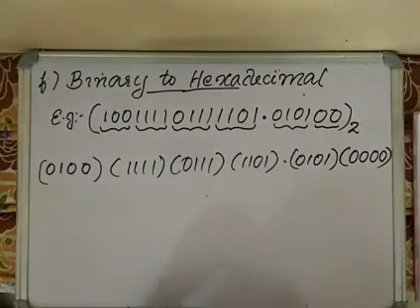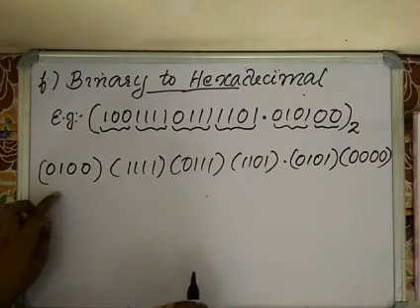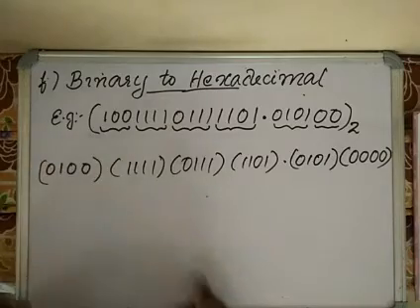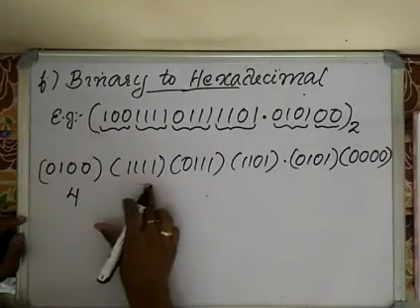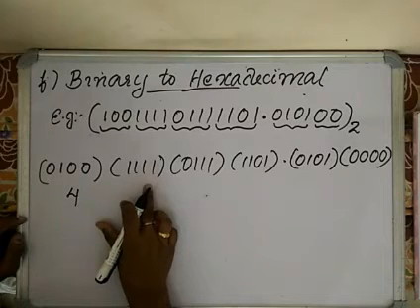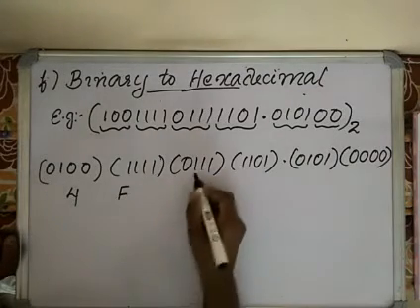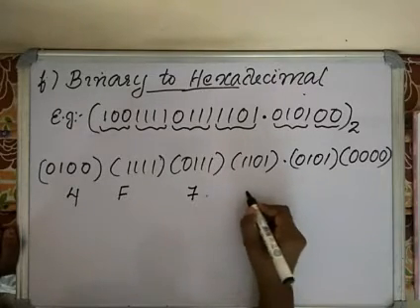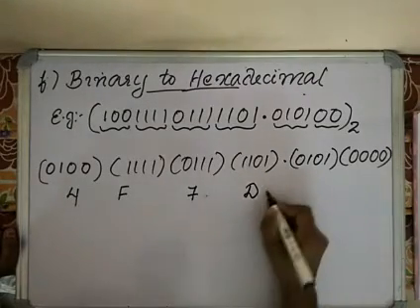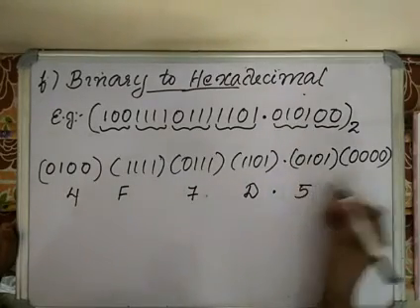Okay, so after partitioning it into groups of 4, next we have to write the hexadecimal digit for each group. 0100 represents 4, 1111 represents 15, but we will not write 15 in hexadecimal, we will write the corresponding letter F. 0111 is 7, 1101 is 13, that is D. Decimal point. 0101 is 5.